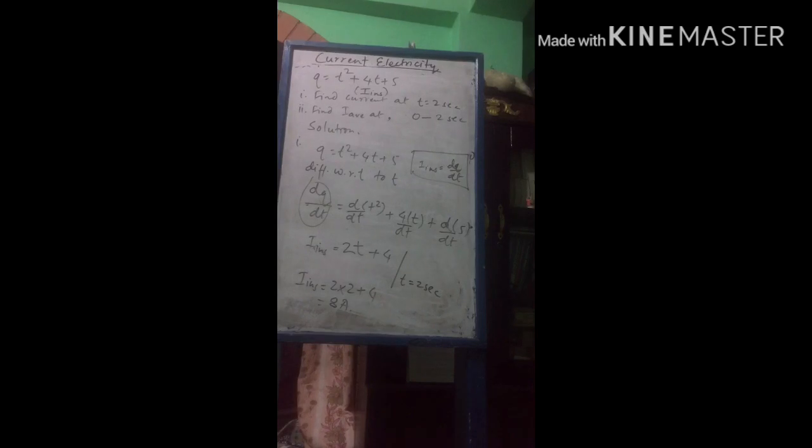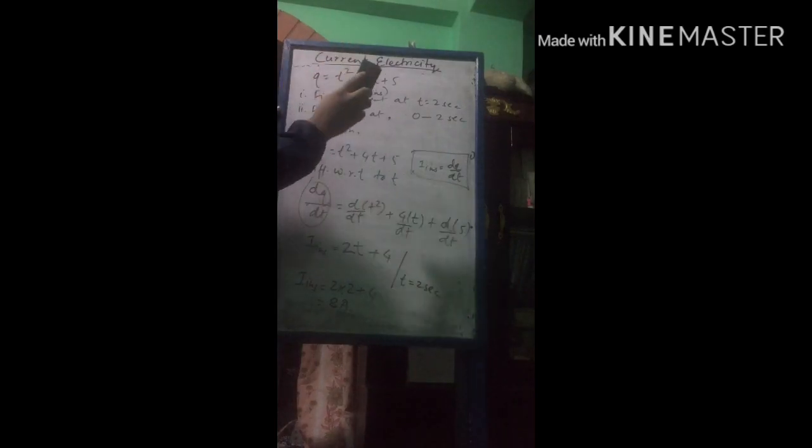The instantaneous current is 2t plus 4, so that is 8 ampere.